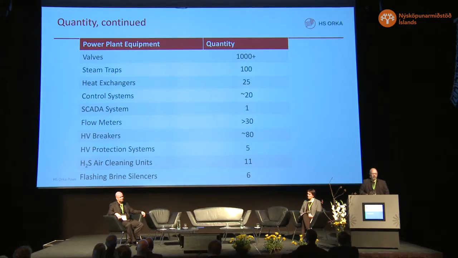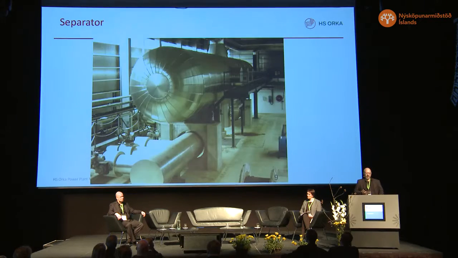We have 5 high voltage protection systems. We have 11 hydrogen sulfide air cleaning units and 6 flushing brine silencers. And there are many things I have not presented. It's much more complicated than that.